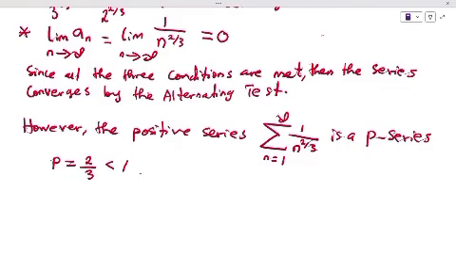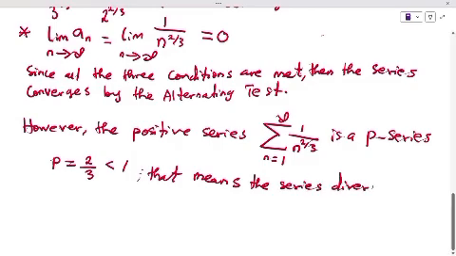Going by the condition, that means the series, the absolute value, diverges by p series. You know, you have to state what you use for you to know that it diverges.